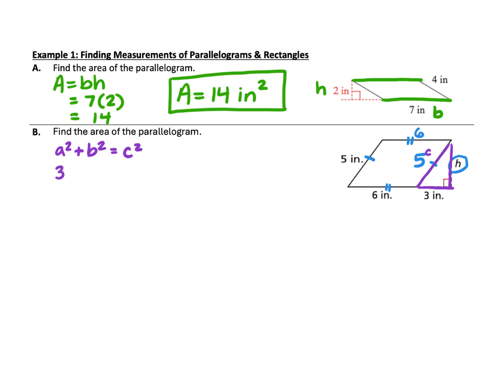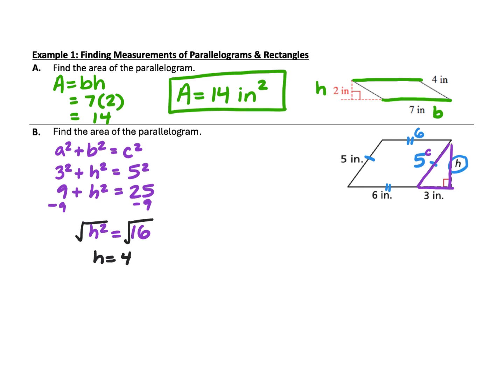So I'm just going to go 3 squared plus h squared equals 5 squared, and then we'll solve. Going to subtract the 9 to get h squared equals 16. And then we can take a square root of each side to get h equals 4. So now we have everything we need to calculate the area.